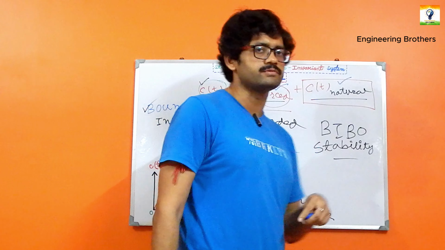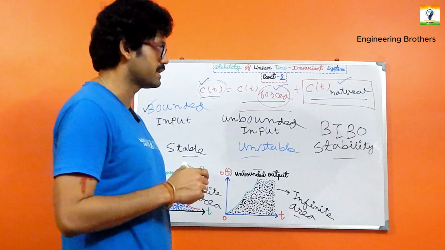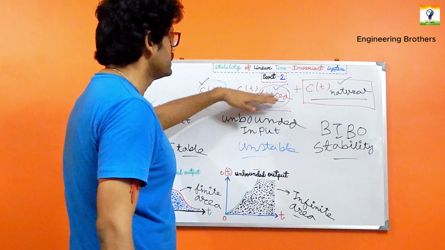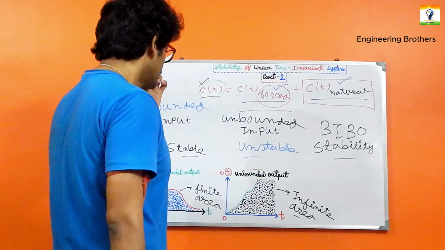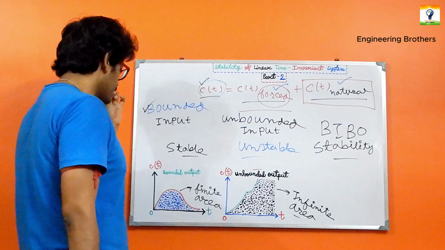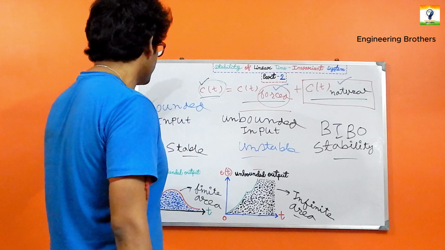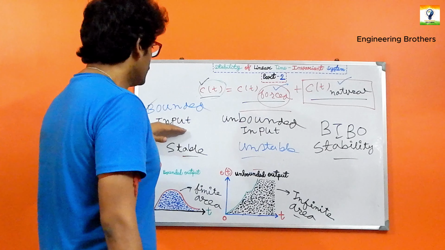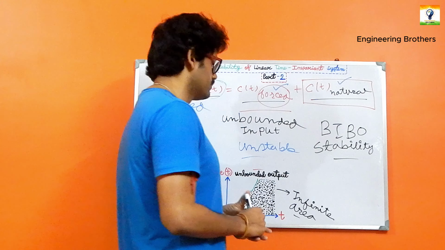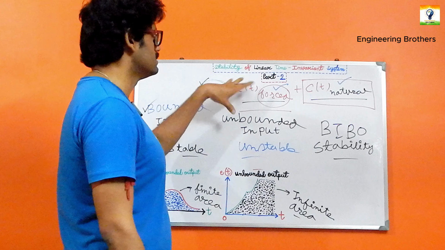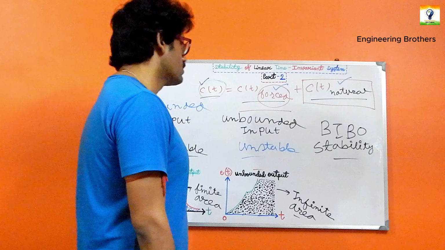I want to repeat this portion once again. As we cannot separately define the forced response and the natural response in this case, there are some cases where, if you apply the bounded input, you still have the unbounded output. For that, we cannot define the stability concepts.